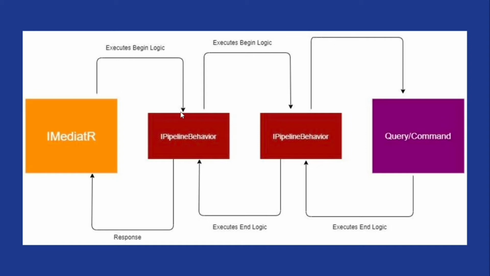Once that is done, it invokes the next IPipelineBehavior. Similarly, it will invoke all the n number of IPipelineBehaviors that we implemented in our project. And finally, it goes to the query and command execution. Once that is done, along with the response, it returns back to the same pipeline and executes the end logic inside of the IPipelineBehavior.